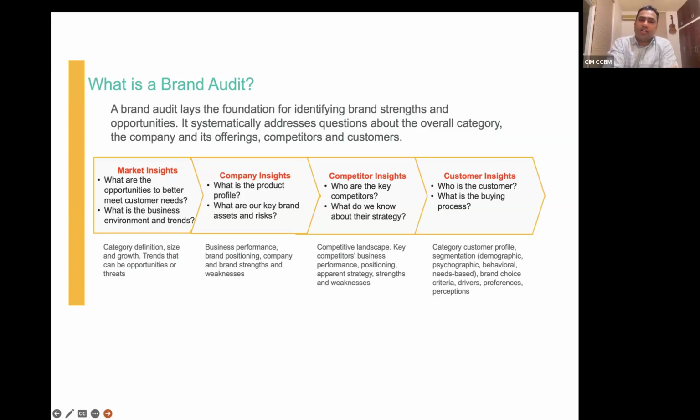So when you're trying to audit a brand, you need to generate market insights, company insights, competitor insights, and customer insights. All forms of information and insights you have to absorb and know and research.